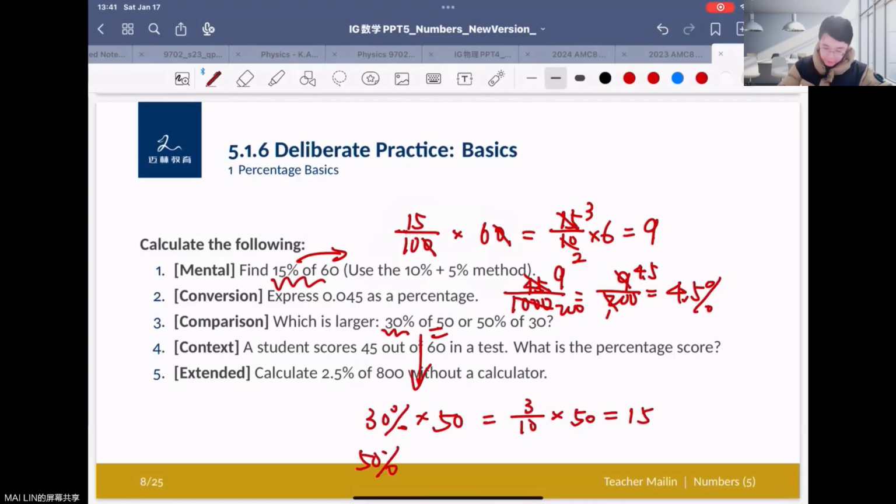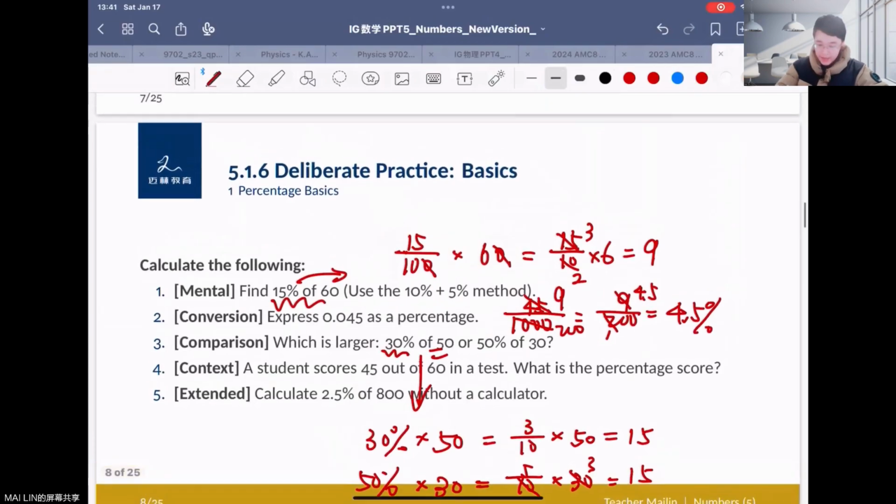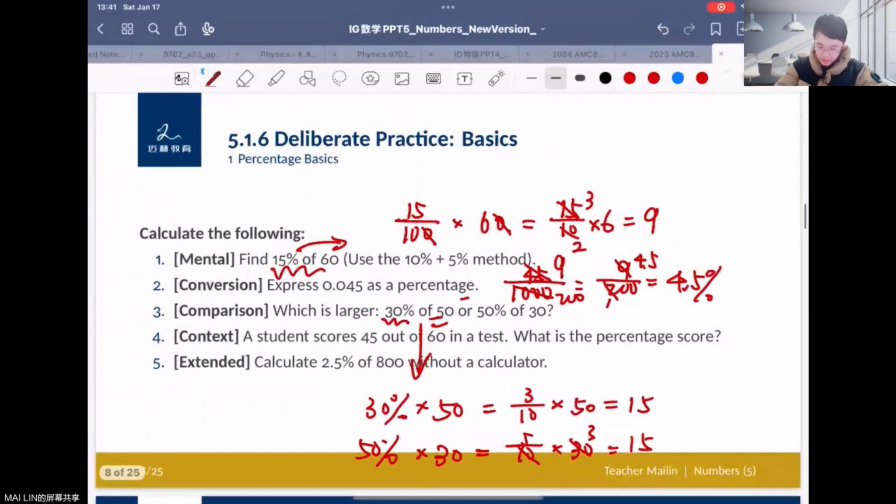And for 50% times 30, it equals 50 over 100, or 5 over 10, right? And here we can also times 30, and divide by 10 at the same time, and the final answer is 15, okay? So we can say they are the same value, they equal each other.